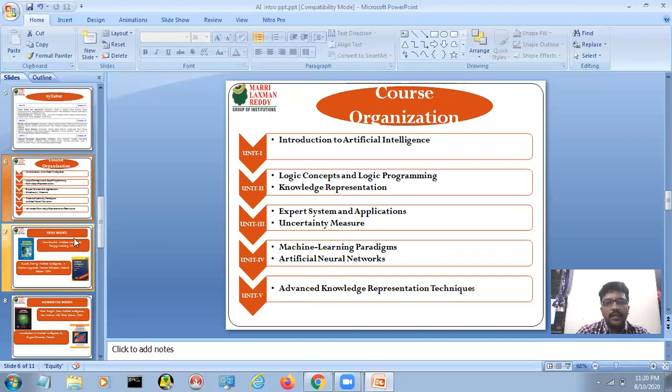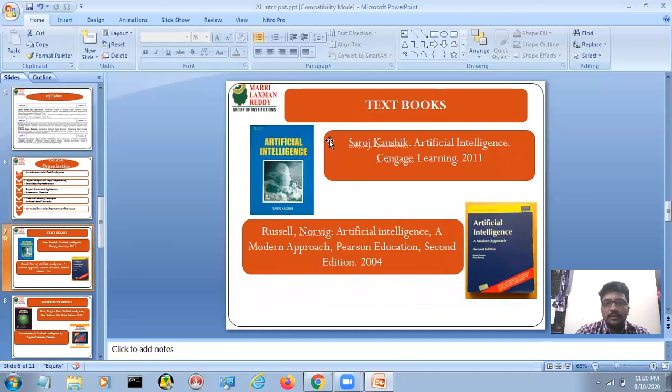Moving to the next slide, these are the basic textbooks where the student can learn and visualize things by understanding different concepts. These are the textbook references which the student can refer to in libraries or use for in-depth analysis.